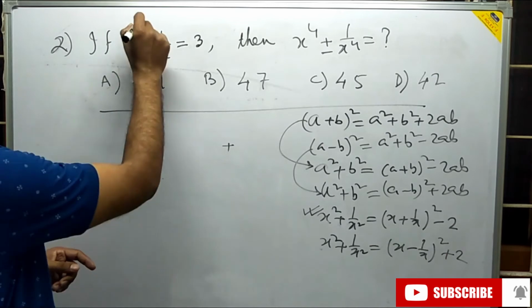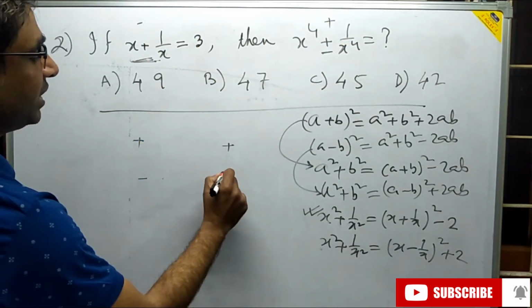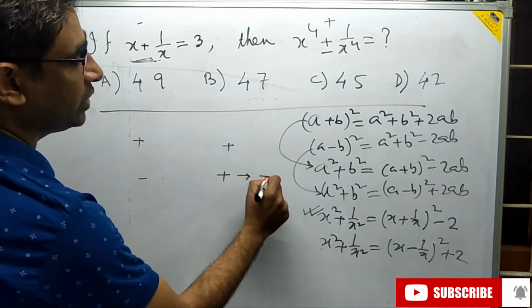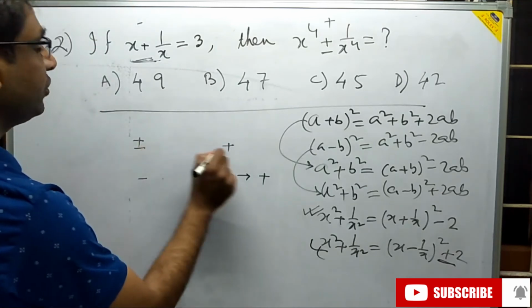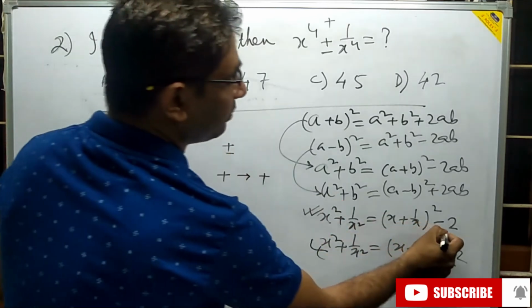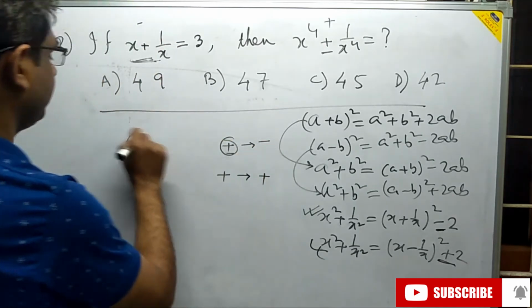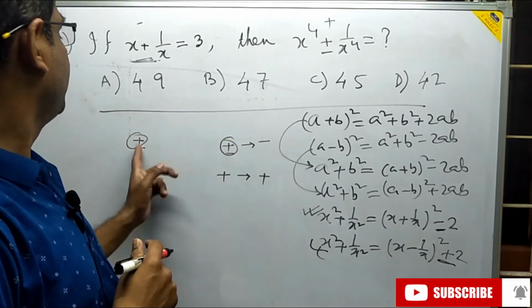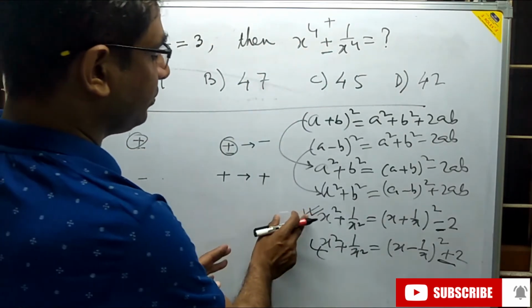And if the first one is given negative and the second one positive, then we have to use the plus formula. We have to use the minus formula if both are plus. Here both are plus, so we have to use this formula.